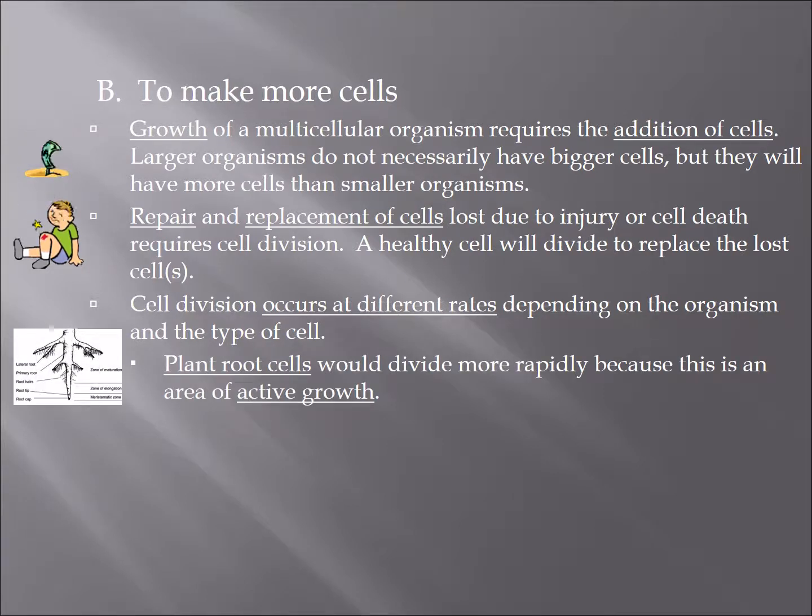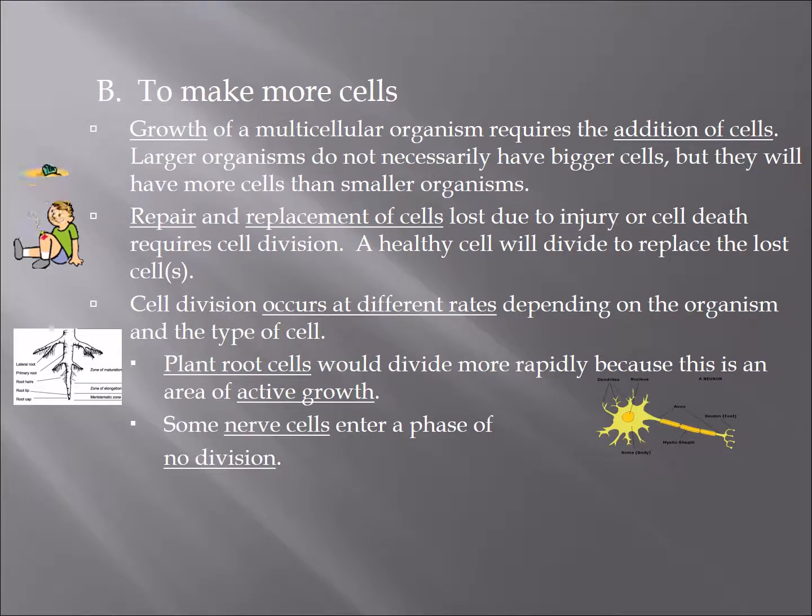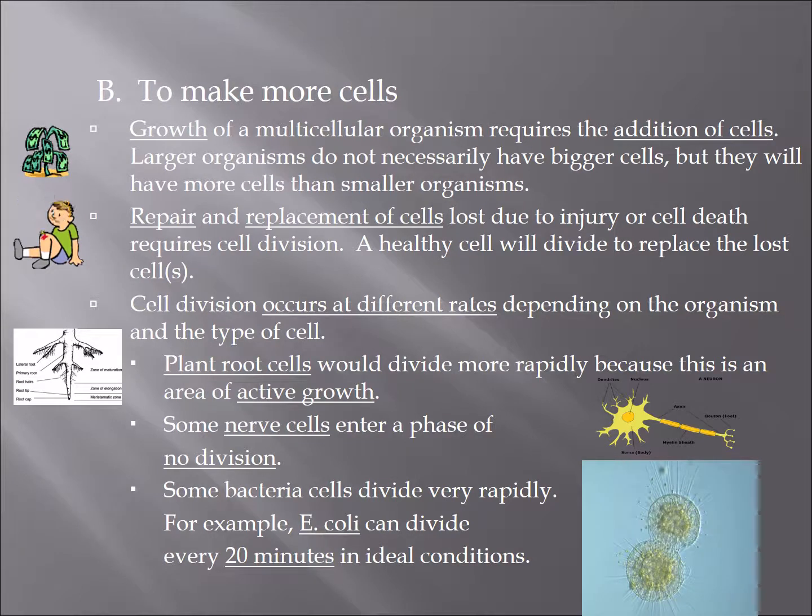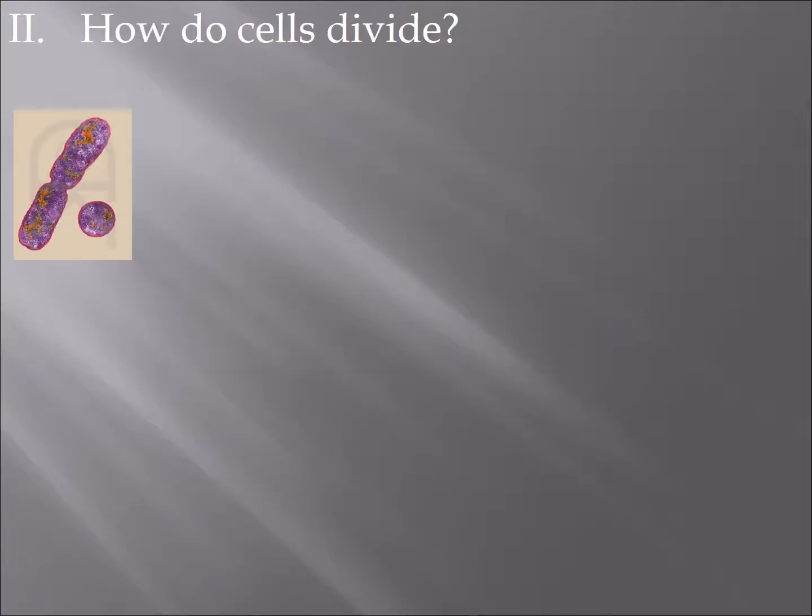Plant root cells divide more rapidly, and this is an area of active growth. Nerve cells generally do not divide, and this is why nerve damage is an issue. Bacteria divide very rapidly. For example, E. coli divides every 20 minutes, and that makes it an issue when you get E. coli.